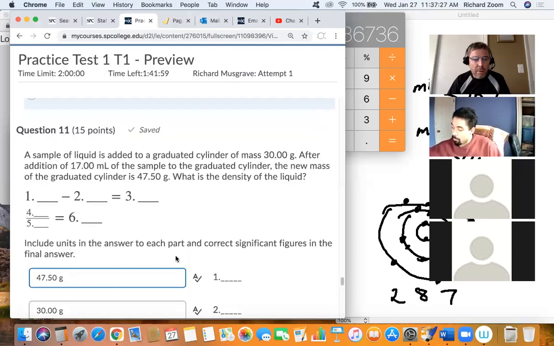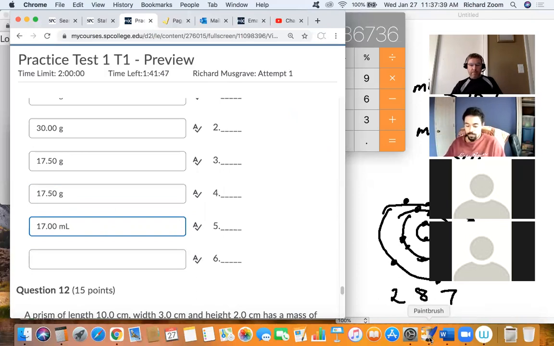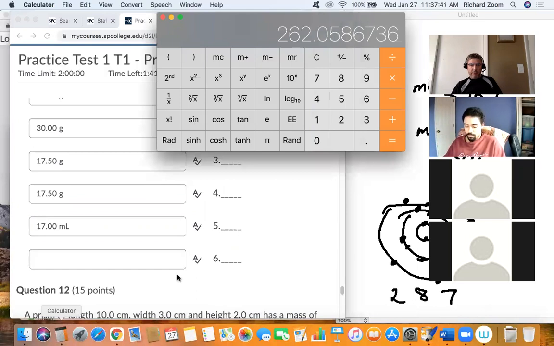And then we've got a volume here that we've been given, which is 17.00 mils. So the number of sig figs here is going to be 4. When we do this division, let me put in my calculator here. 17.5 divided by 17.